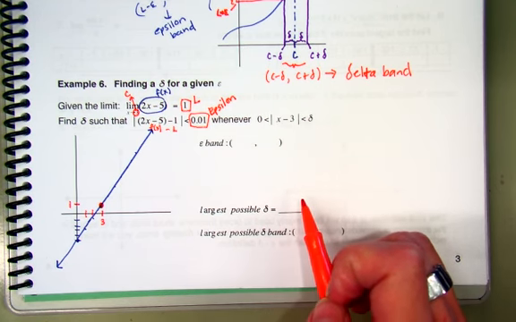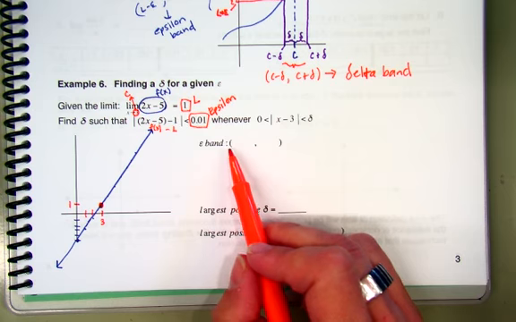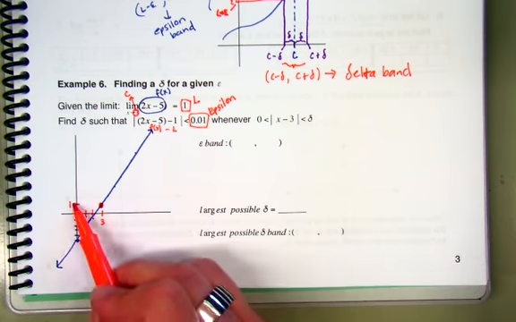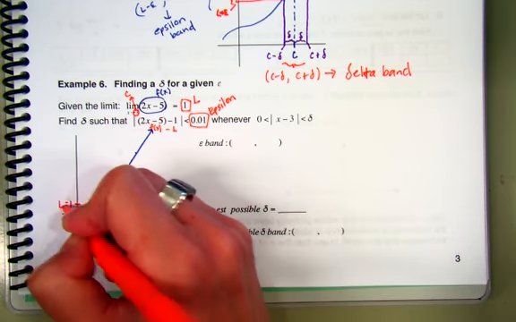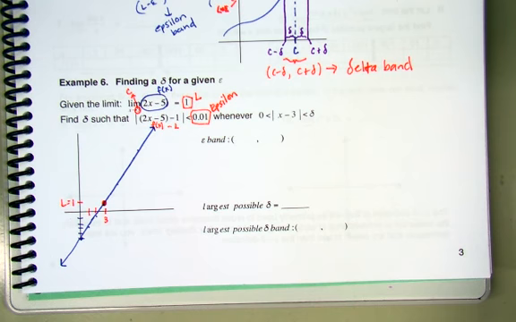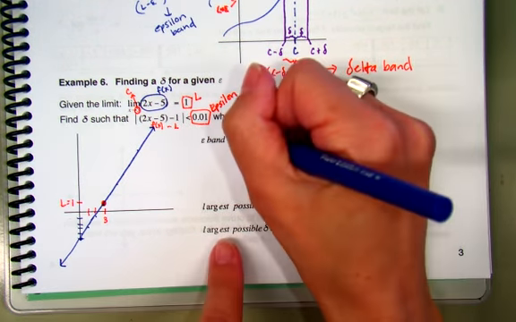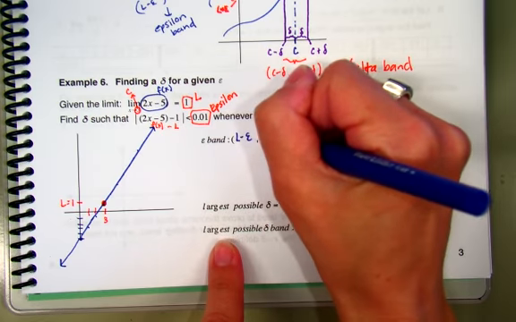So what's the epsilon band? Well, I'm going to take my limit. This was my limit. And I'm going to add epsilon to it, up, and I'm going to subtract epsilon from it, down. And that's going to give me the epsilon band. So your epsilon band is always L minus epsilon, L plus epsilon.